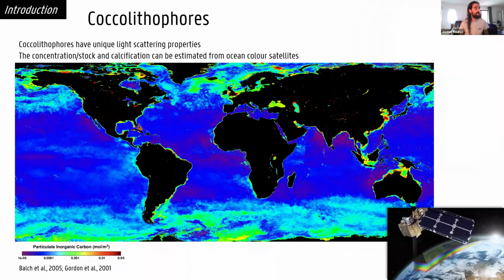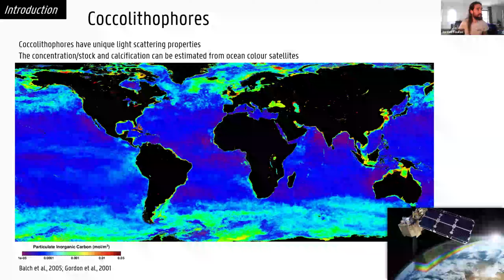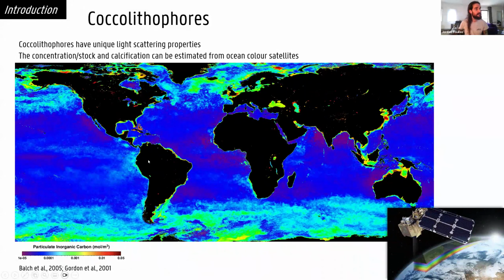These particles have specific and unique light scattering properties because they are birefringent materials, calcite. Based on ocean color remote sensing, we can evaluate the PIC stock and production. This is the map you see here.